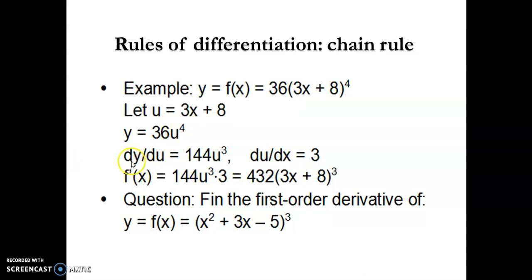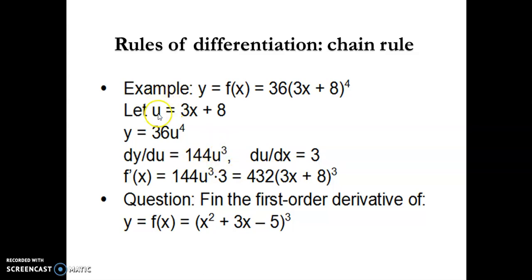Thus, we have dy by du, and that is going to be equal to 4 times 36, which is 144, and u is raised to the power of 4, so this becomes 4 minus 1, so that is u to the power of 3. So dy by du, that is our outer function, is 144u to the power of 3.